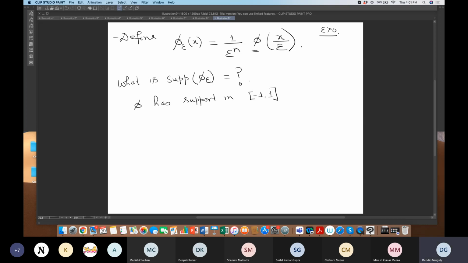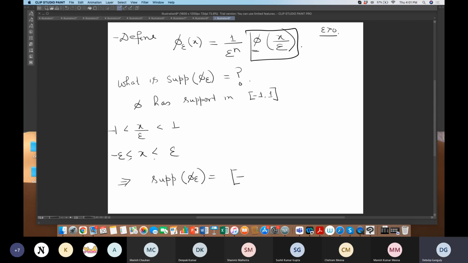That means x by epsilon should be between minus 1 and 1, so x should be between minus epsilon and epsilon. This implies the support of phi epsilon is, support is always a closed set, sorry, minus epsilon to epsilon. Clear?